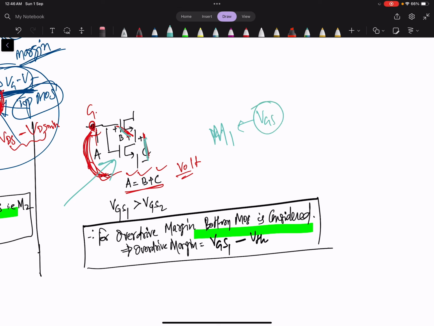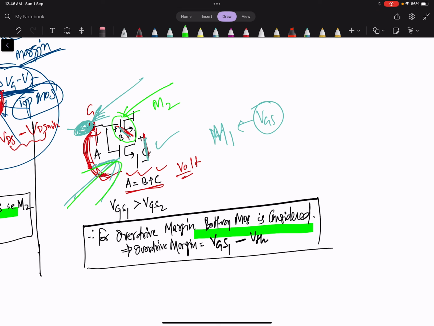So obviously the lower MOSFET, M1, has a higher VGS. If we want to give some voltage here, then the primary MOSFET to look at for the design is the lower one. Because if we satisfy the lower VGS, we will already satisfy the VGS requirement for M2, the top one.